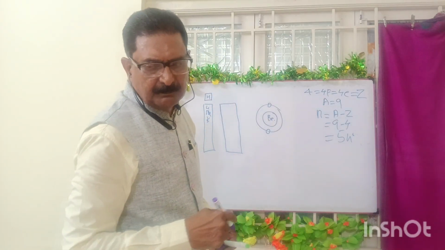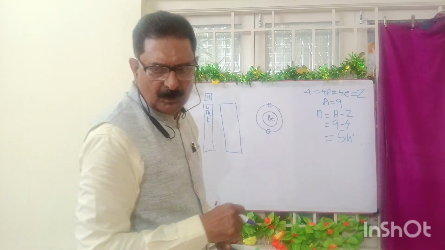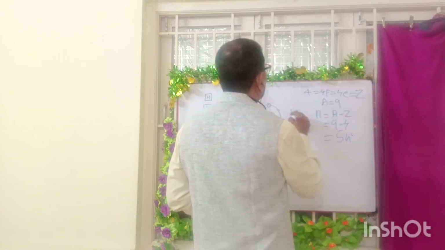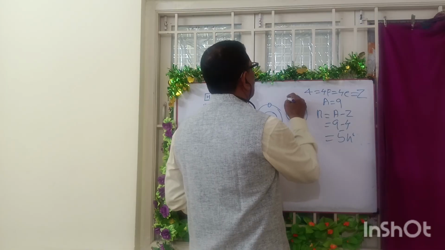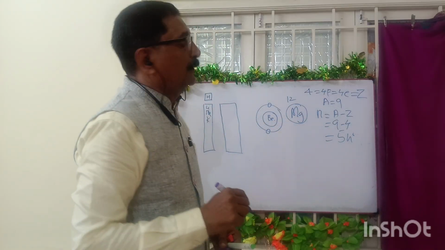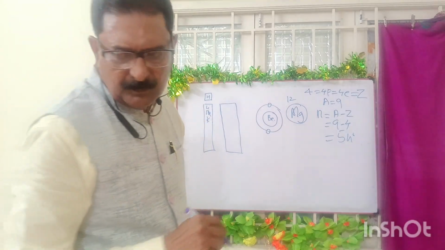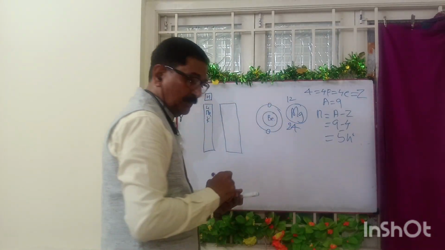The balance will be 2 electrons. Then comes magnesium, whose atomic number is 12 and atomic mass is equal to 24.